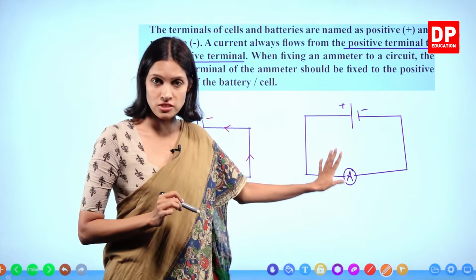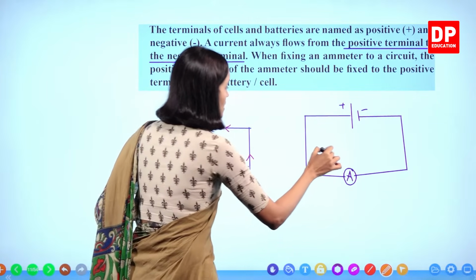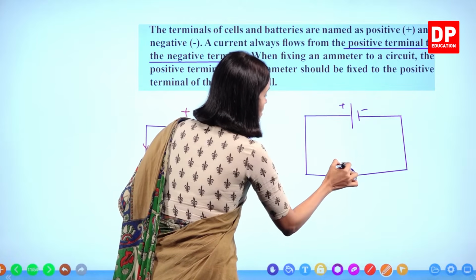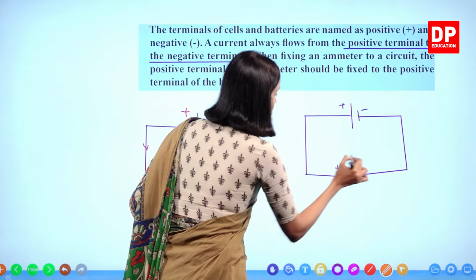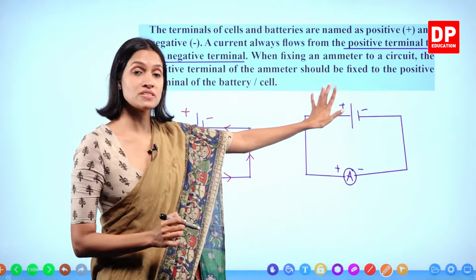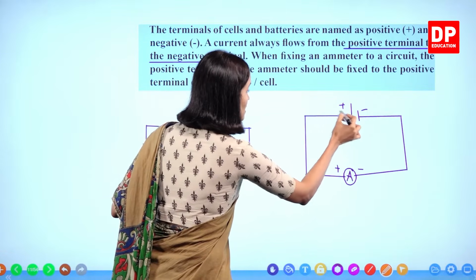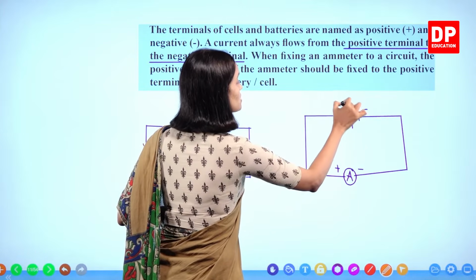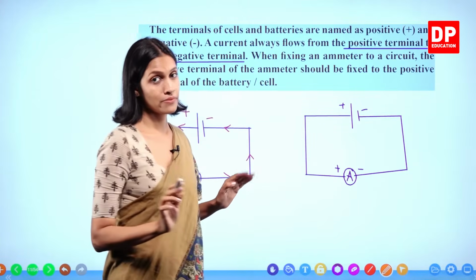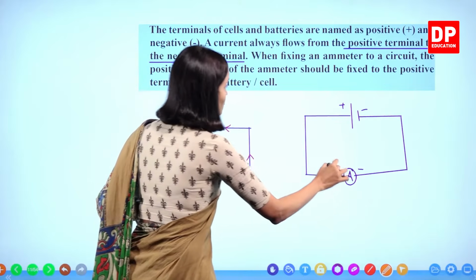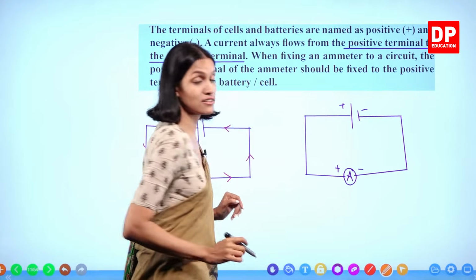The ammeter also has positive and negative terminals. Therefore, the positive terminal of the ammeter should be connected to the positive terminal of the cell. So this is the positive terminal of the ammeter. It should be connected to the positive terminal of the cell. Okay? Positive and positive, negative and negative.